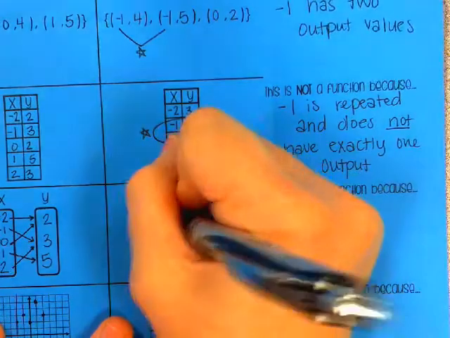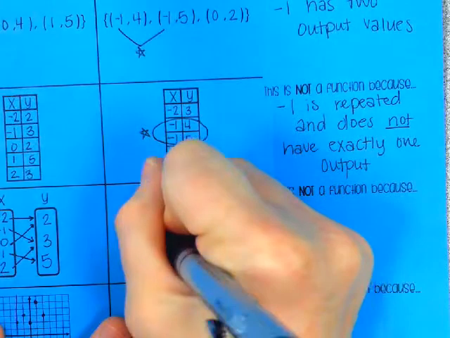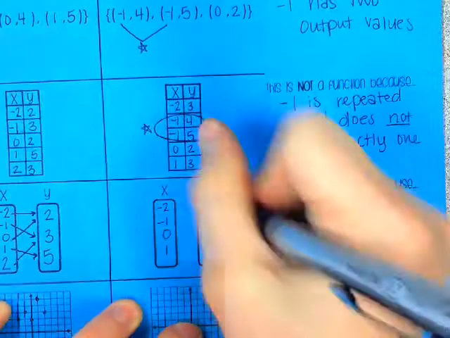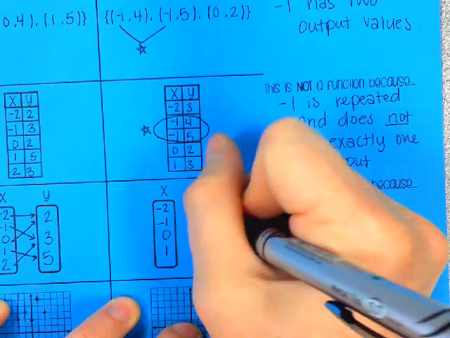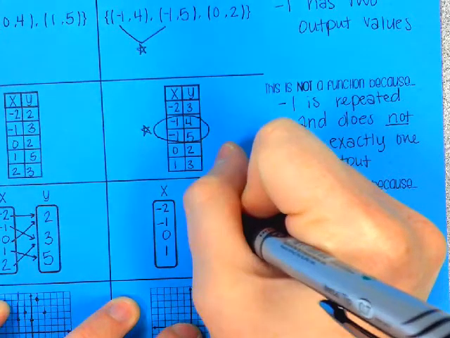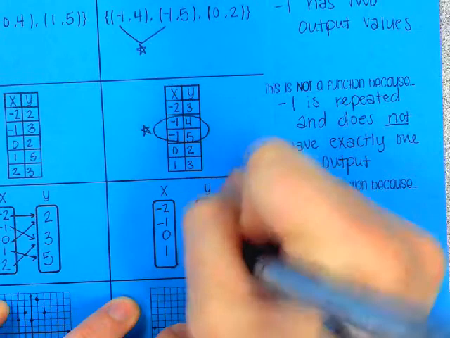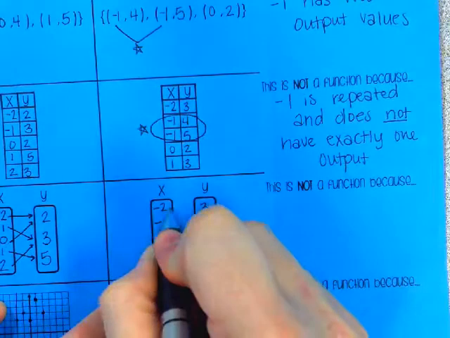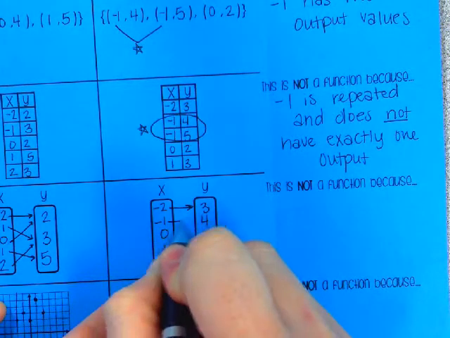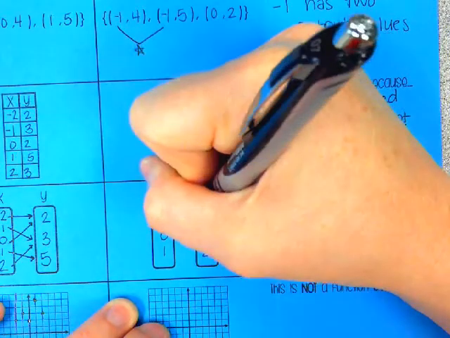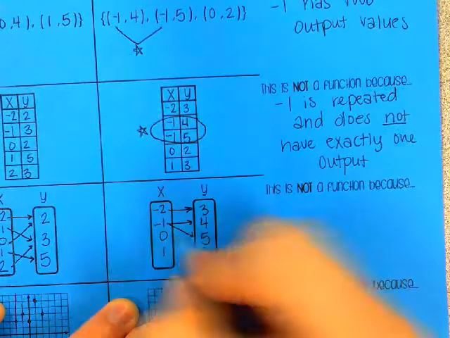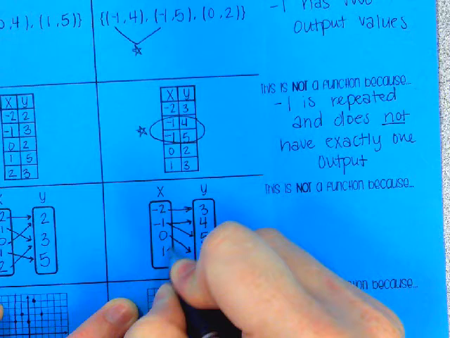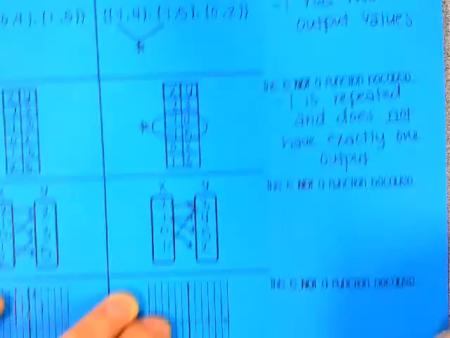Okay, now let's do it for mapping. So -2, -1, 0, 1, those are my x values. My y values include 3, 4, 5, 2. These don't have to be in any order, but -2 goes to 3, -1 goes to 4, and -1 goes to 5. 0 goes to 2, and 1 goes up here to 3.